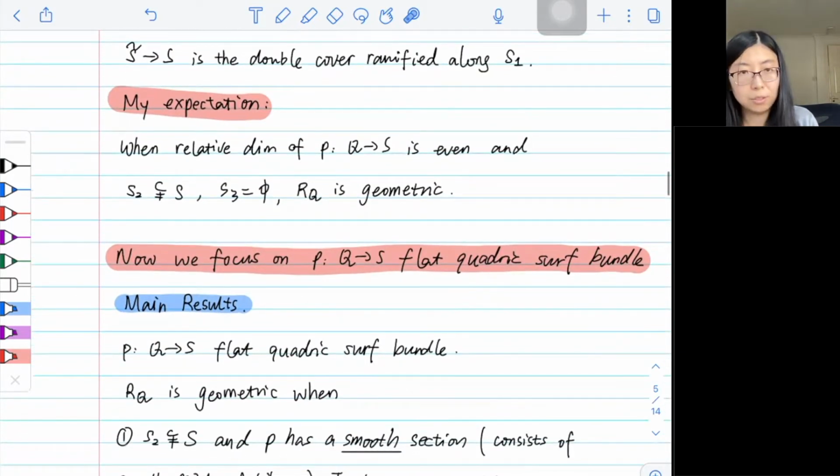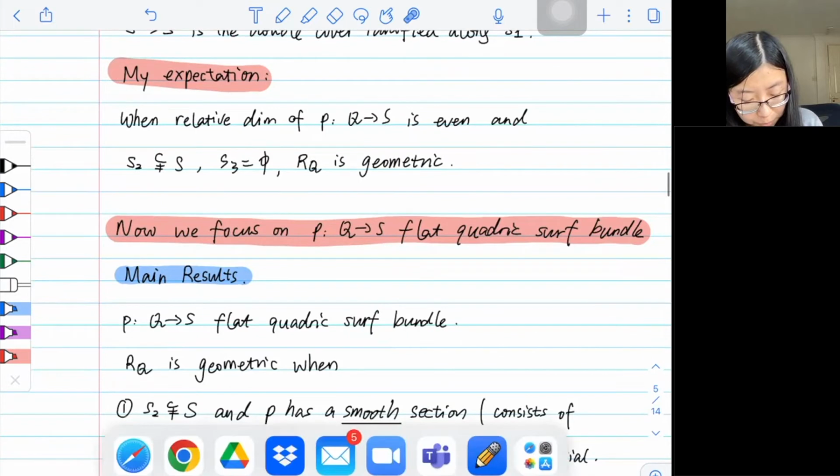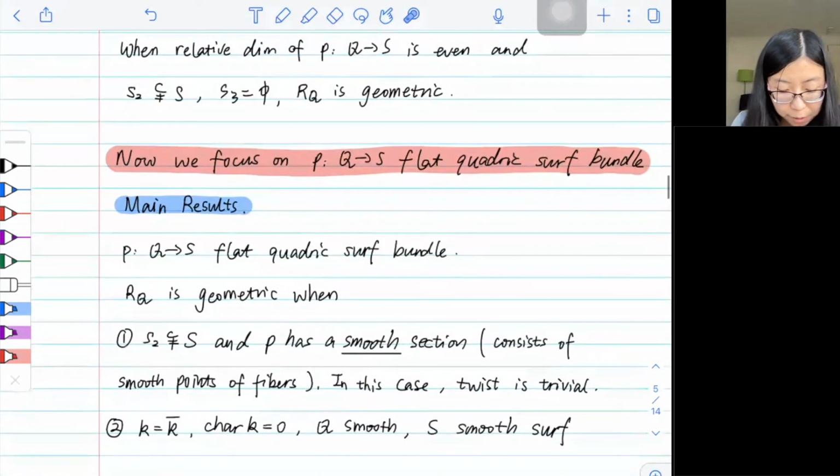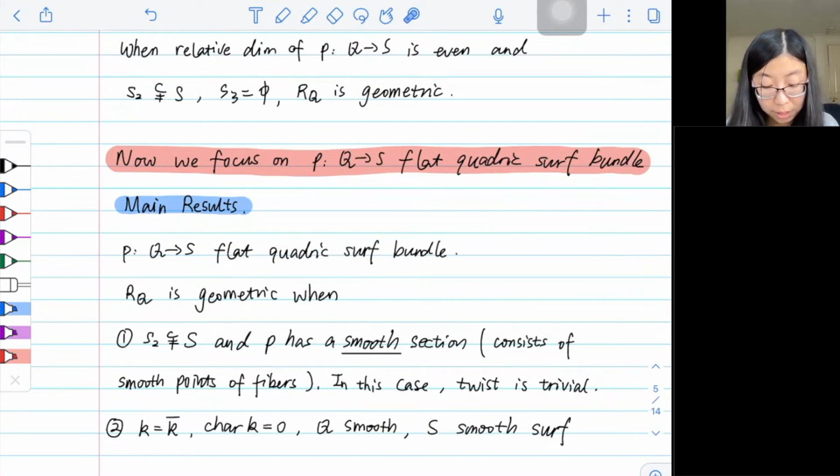So here are the main results. When you have a flat quadric surface bundle, then this residual category is geometric in the following two situations. The first: if the second degeneration locus is a proper closed subset and P has a smooth section.